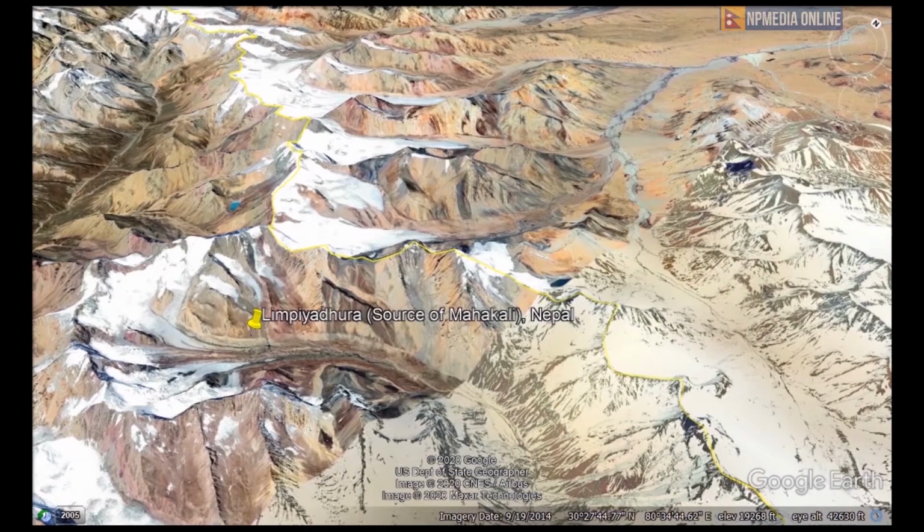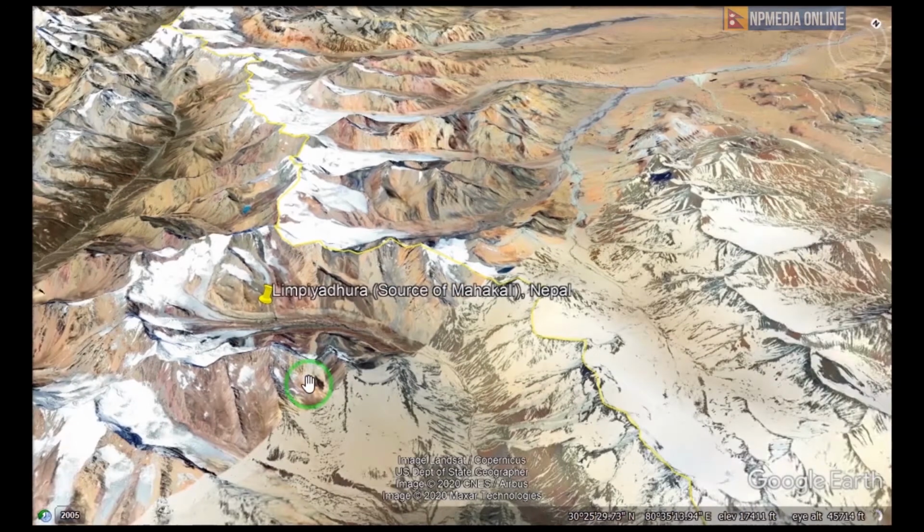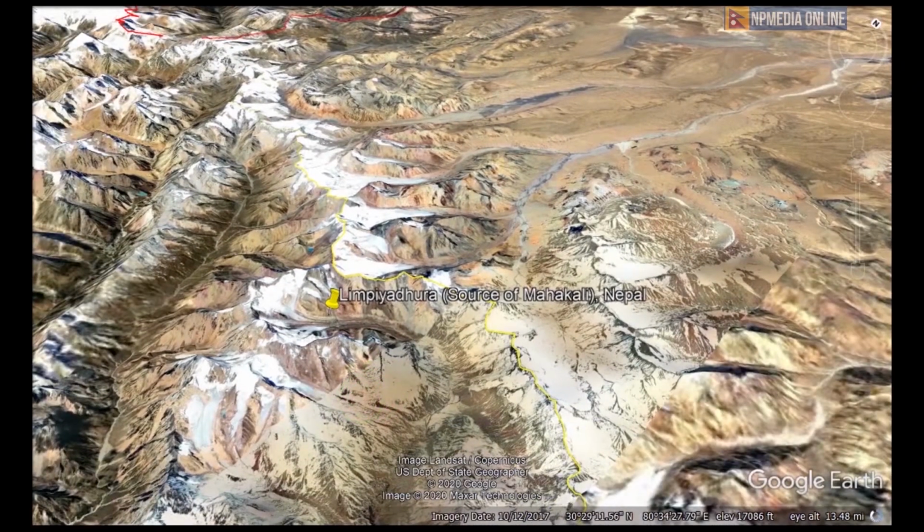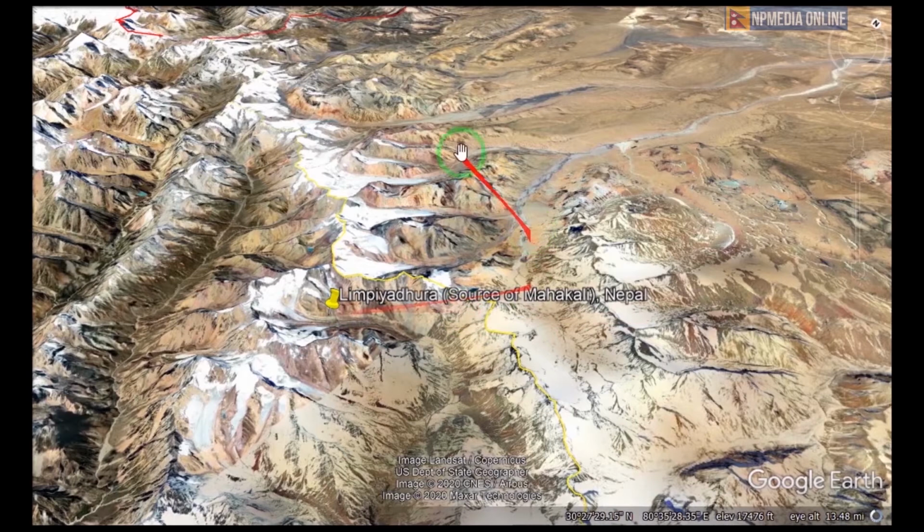These are all snowy mountains in the region around Limpiyadhura. So, Limpiyadhura, a snowy mountain region, is the main origin of the Kali River.